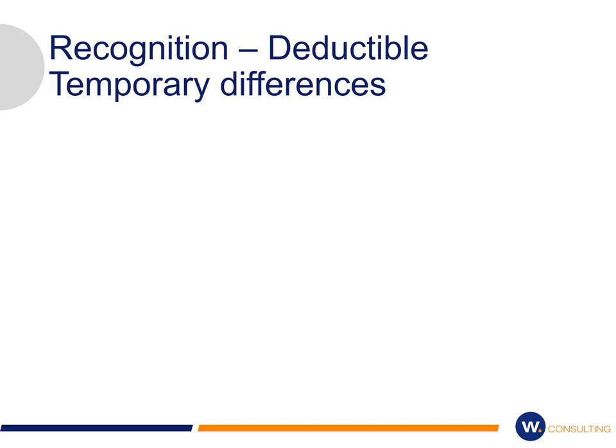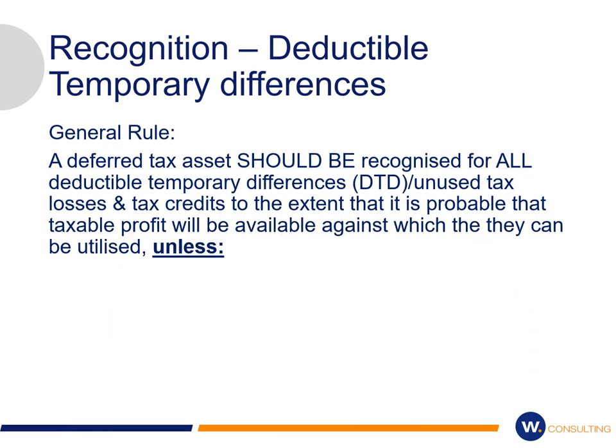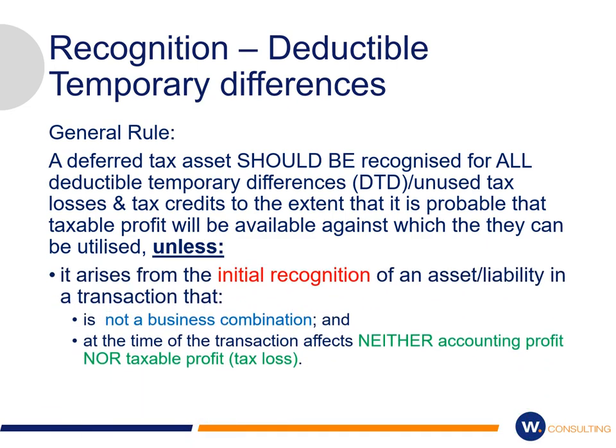Deductible temporary differences. General rule: a deferred tax asset should be recognized for all deductible temporary differences or unused tax losses and tax credits to the extent that it is probable that taxable profit will be available against which they can be utilized, unless it arises from initial recognition of an asset or a liability in a transaction that's not a business combination and at the time does not affect accounting or taxable profit.